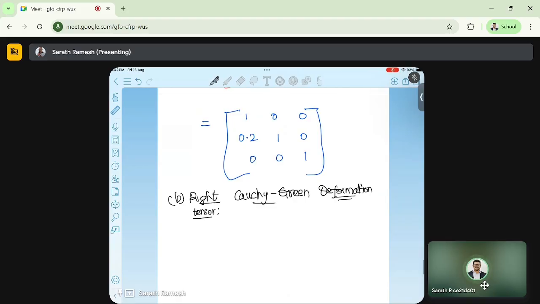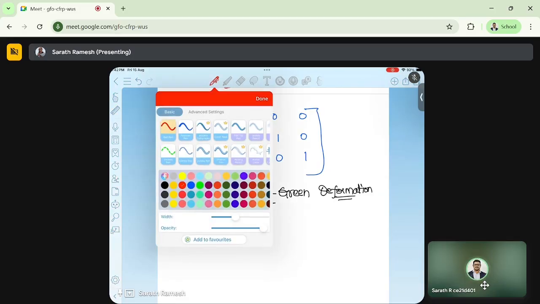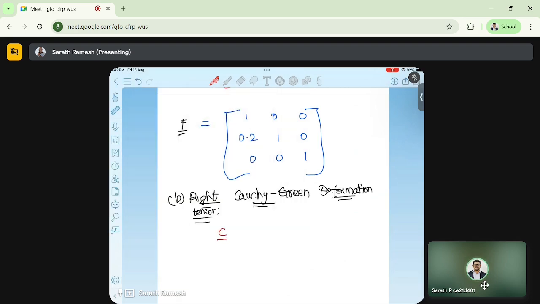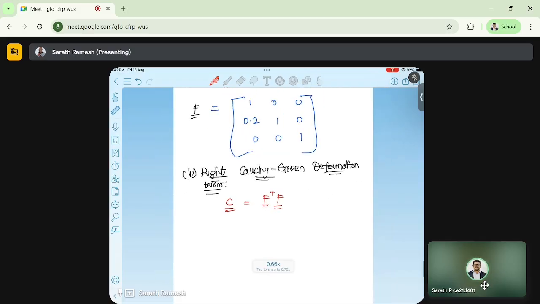Now how to find this? Once we have the F tensor, this is easy. C is equal to F transpose F, right? Directly we can just multiply.